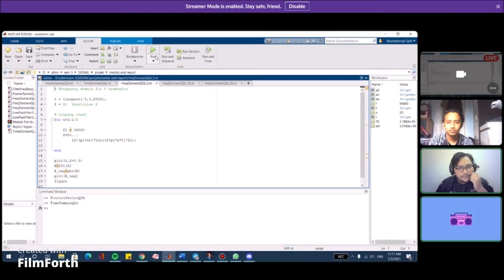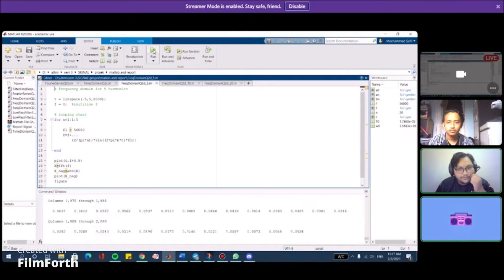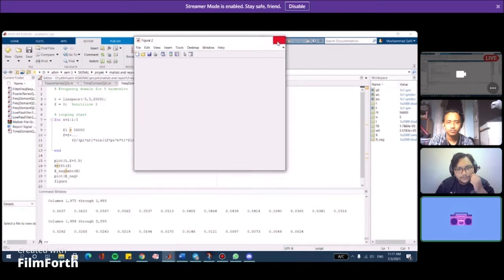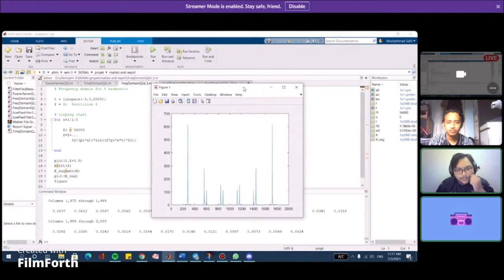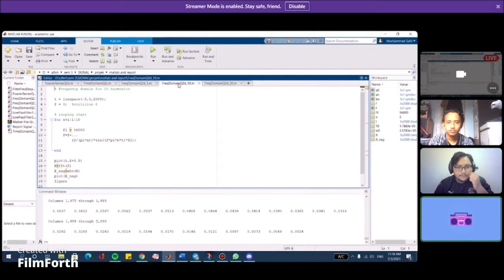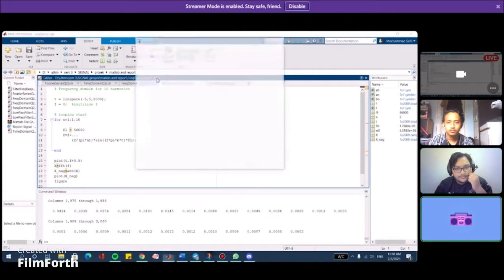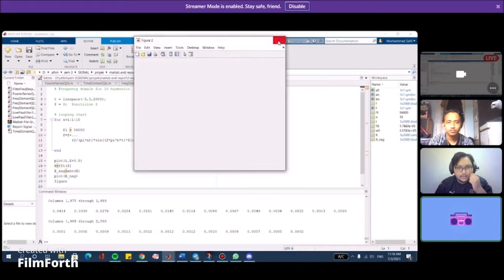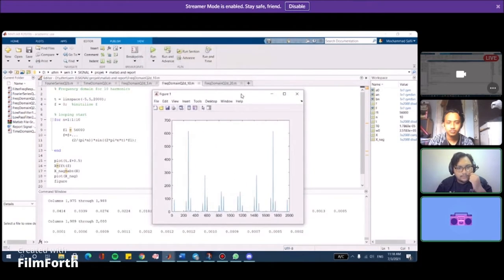First is the frequency domain for harmonic 5. Here we have the signal for the frequency domain. Next, the frequency domain for harmonic 10. Here are our harmonics for the frequency domain.